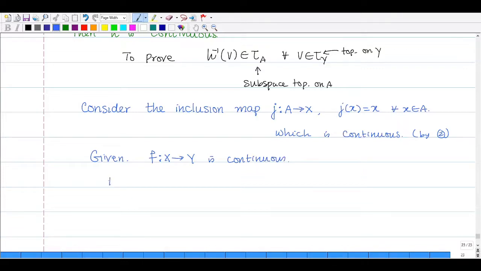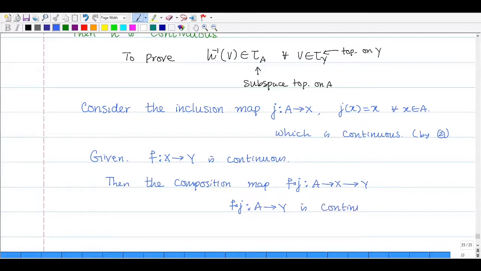Then the composition map f composition J is a function from A to X by J, and then f takes X to Y. So f composition J is a function from A to Y, and it is continuous by the above theorem.